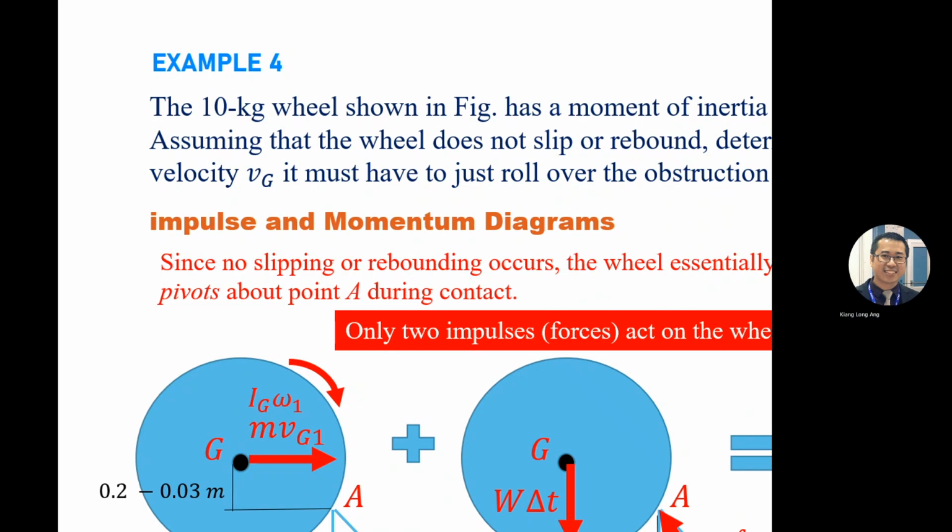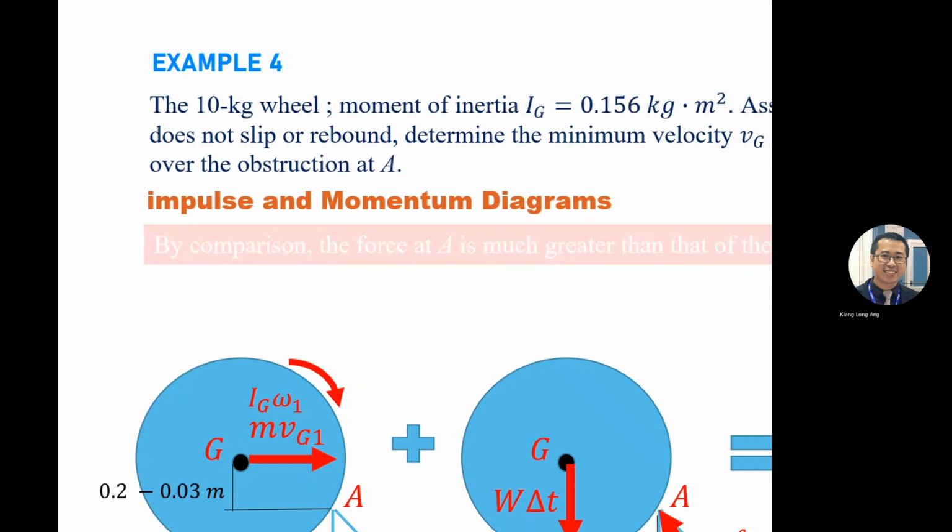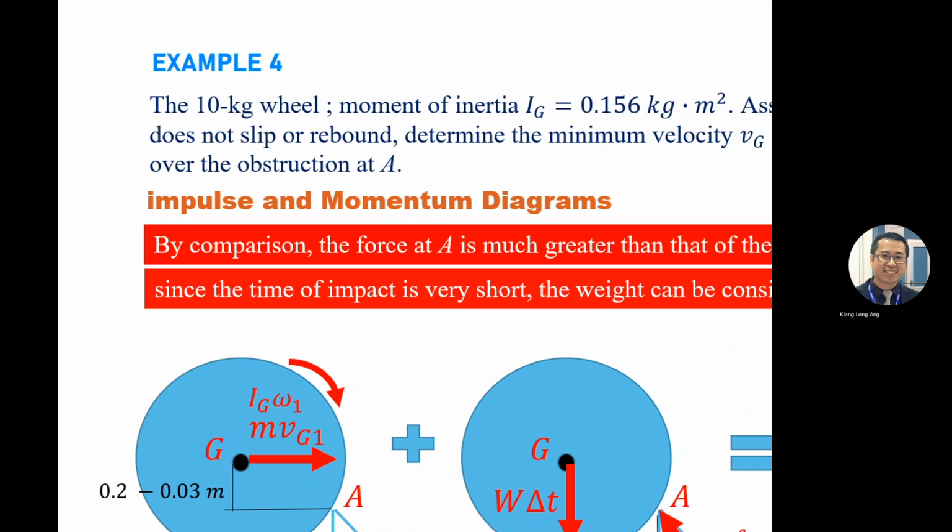Okay. So if you compare the diagram, force at A is much greater than its weight. So force at A is much greater than the weight that you have. So since the time of impact is very short, the weight can be considered non-impulsive.